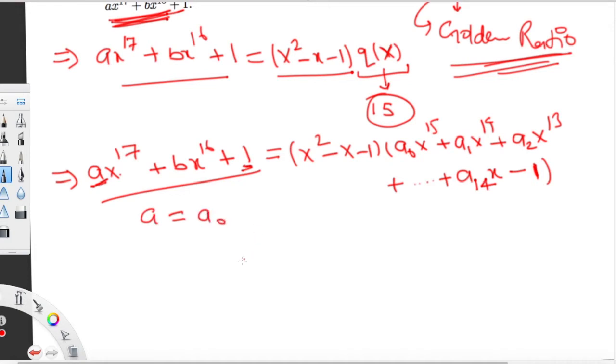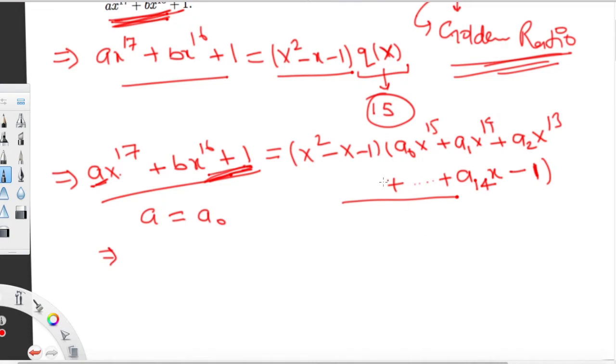It means we need to find the value of a0. Now let's start comparing the coefficients of the remaining powers. From x^15 down to x, all the coefficients are 0 on this side. So we figure out the coefficient of x^15 on the other side and set it equal to 0.